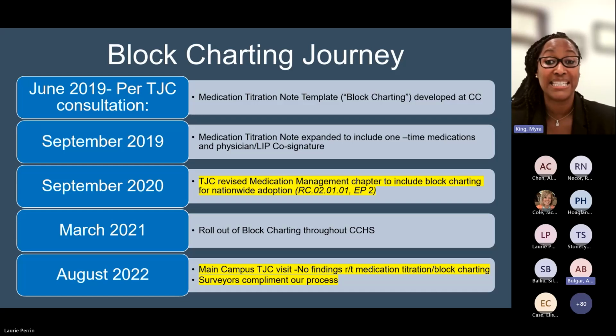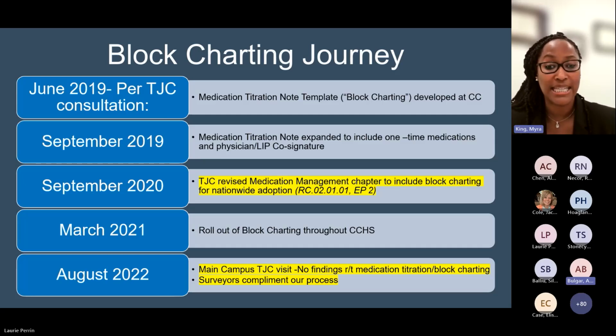So we piloted that note template in all of our ICUs on main campus between June 2019 and September 2019. And the pilot went very well. Nurses were appreciative of the opportunity to have an option to document in this format so that they can focus on caring for the patient.